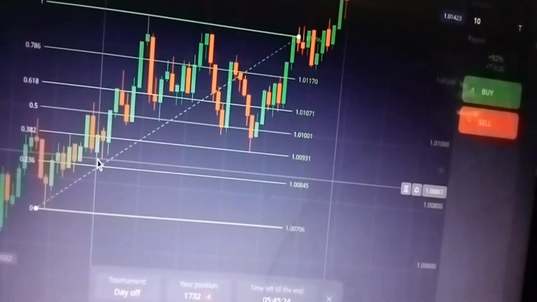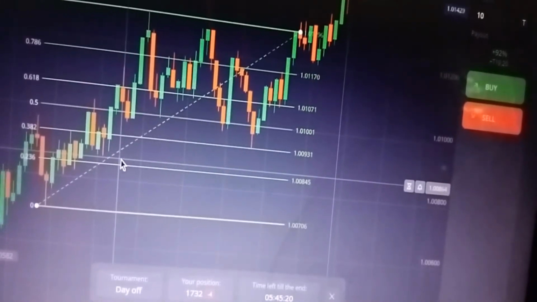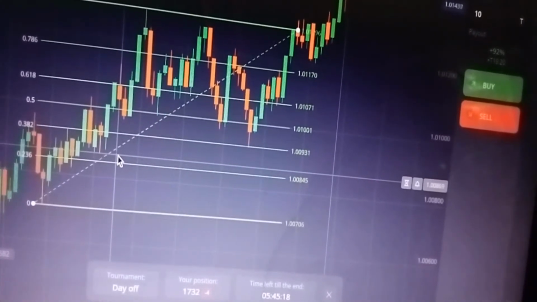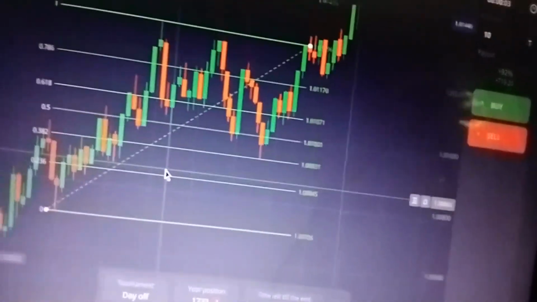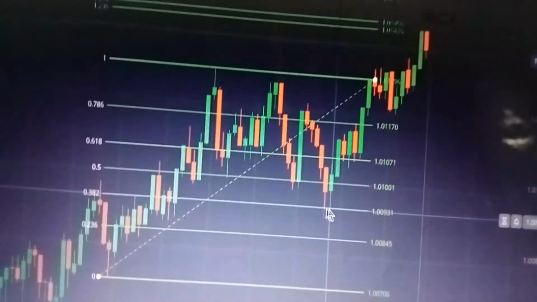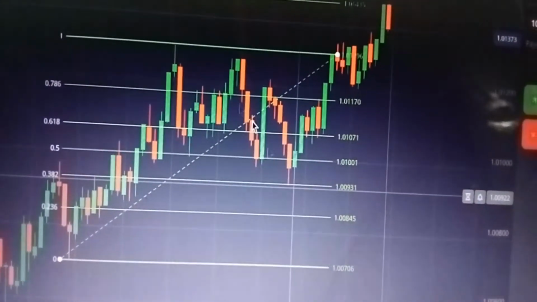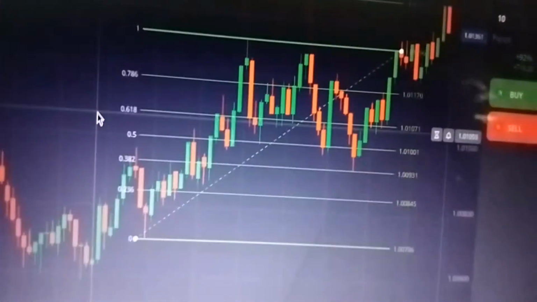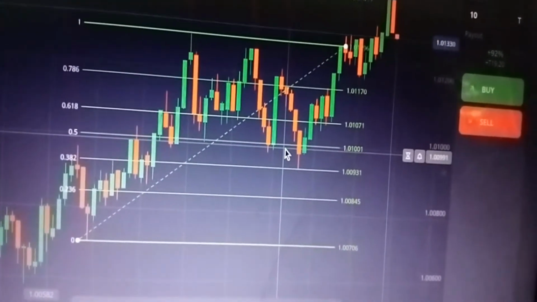This swing low is the one that we are dropping to, right? It is all dropping to an optimal trade entry. It is not bearish. This is not bearish, right?